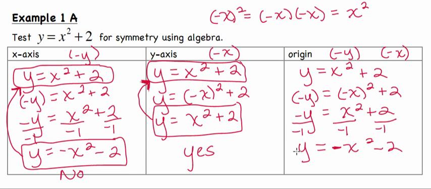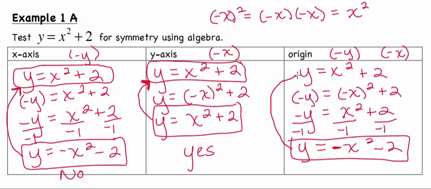It did make the first term match, but it did not make the rest of the equation match. So comparing this to the original, they are not the same. So the answer to that is no.